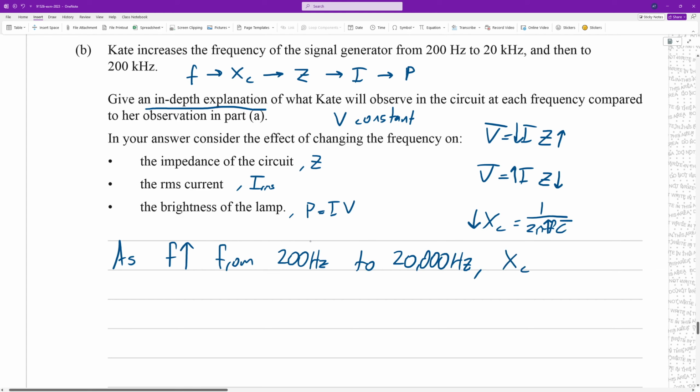So we'll say XC decreases. Now, how does that affect the impedance? Well, resistance is constant. So R is constant. XC decreased. So impedance will also decrease.